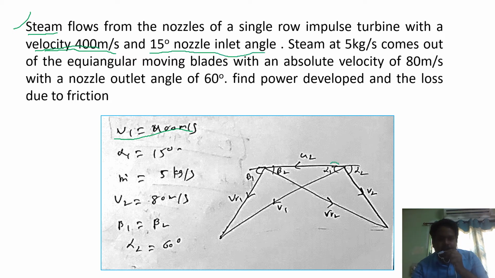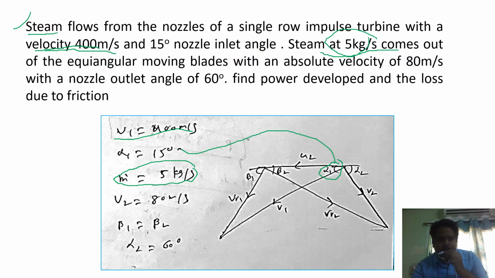Nozzle inlet angle is alpha 1, so alpha 1 is 15 degrees. Steam at 5 kg per second means the mass flow rate is 5 kg per second.